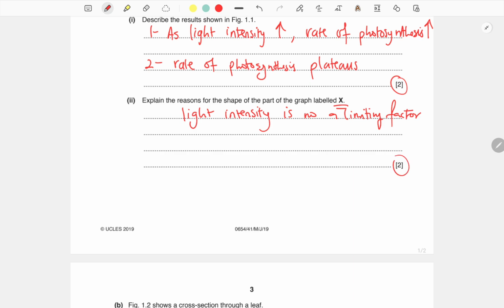So that's the second point of this question, because this is also a 2-mark question. So then carbon dioxide concentration has to be increased to raise or increase the rate of photosynthesis.